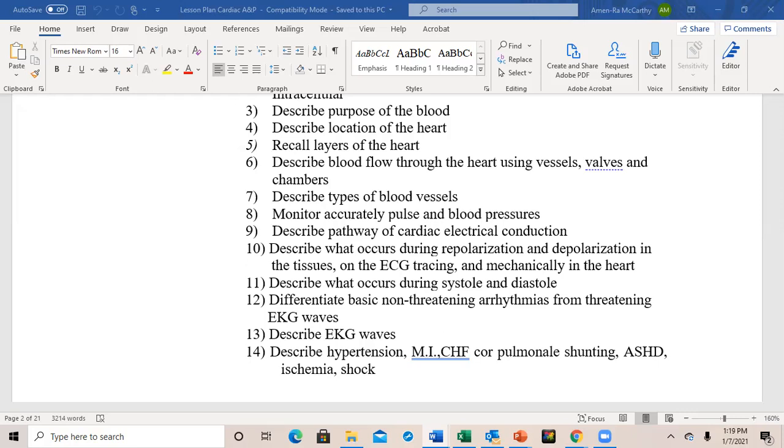All right. After you go to your modules, you'll go to the second module, which is RT210B, cardiac. Did you go to modules yet?